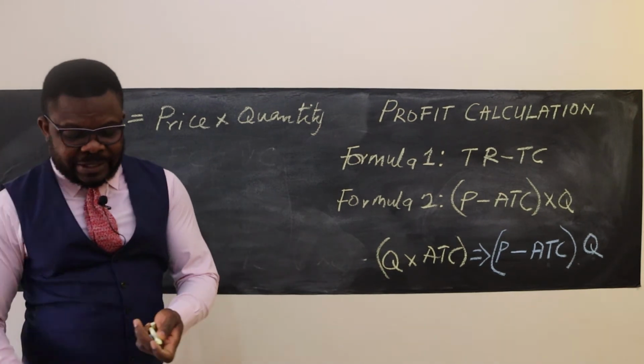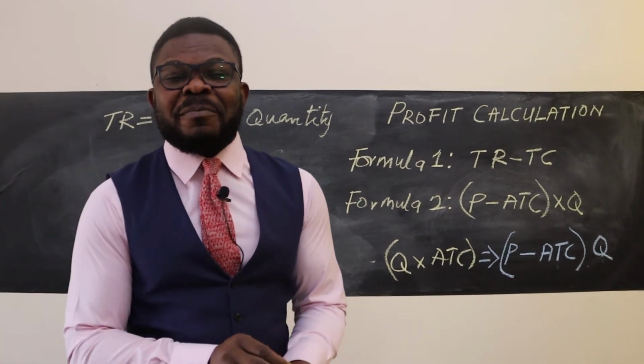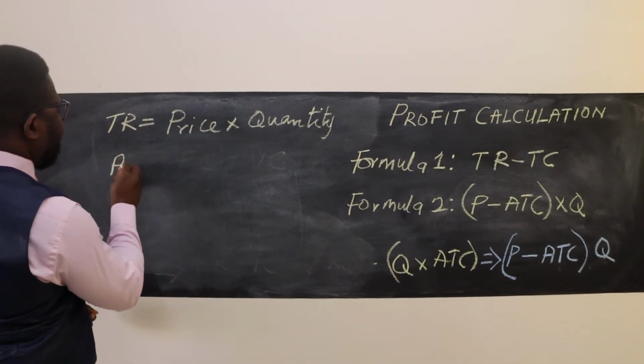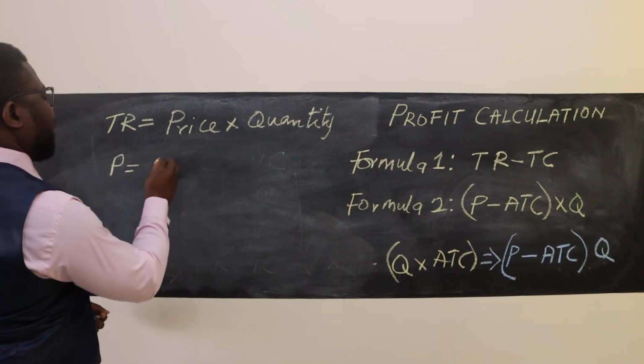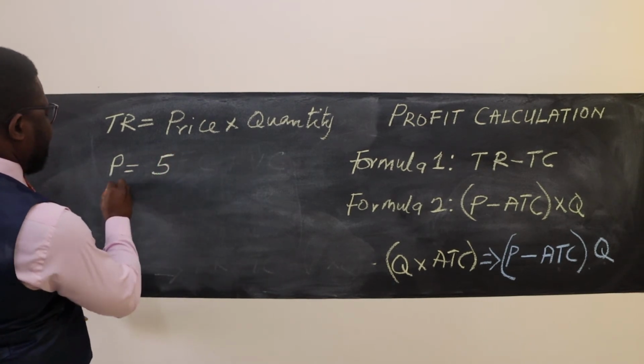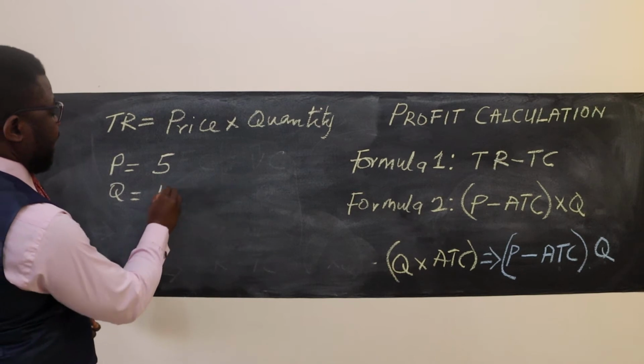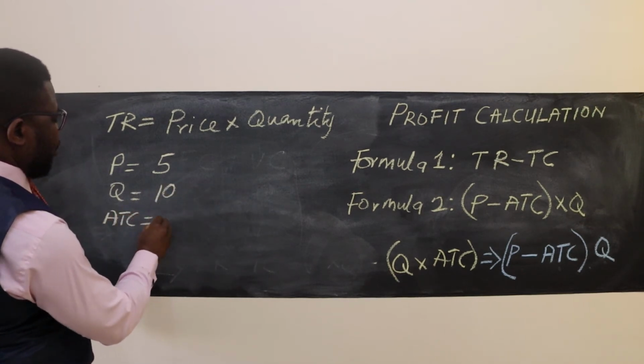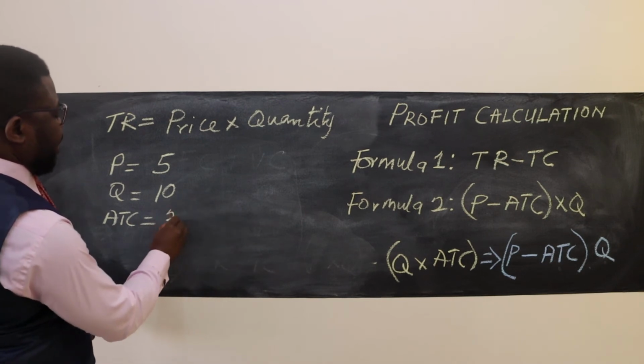Okay, so let's say you are given some numbers in the question. So let's say price equals 5, quantity equals 10, and your ATC equals, for example, 3.